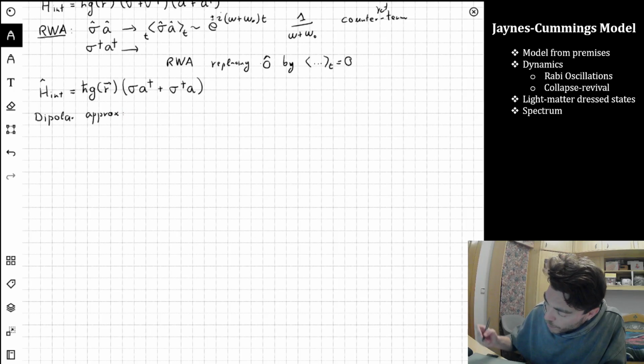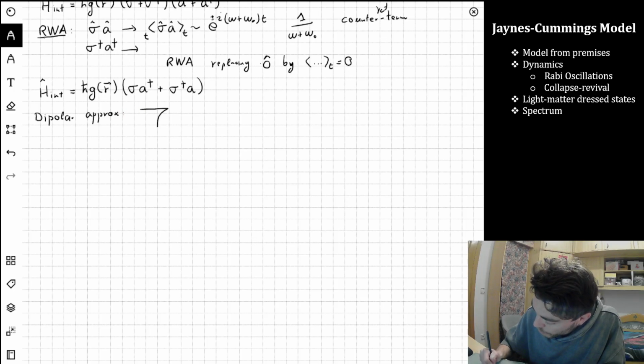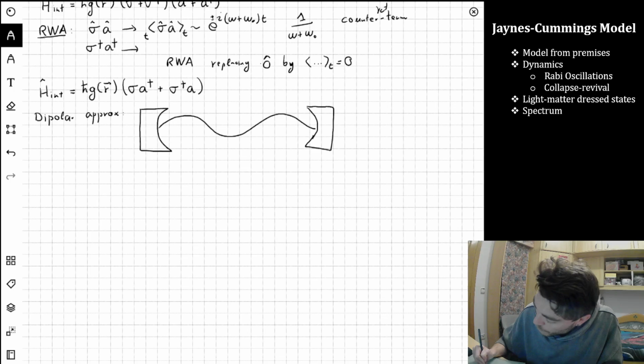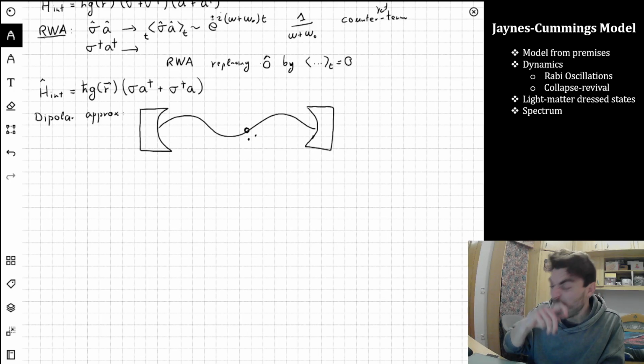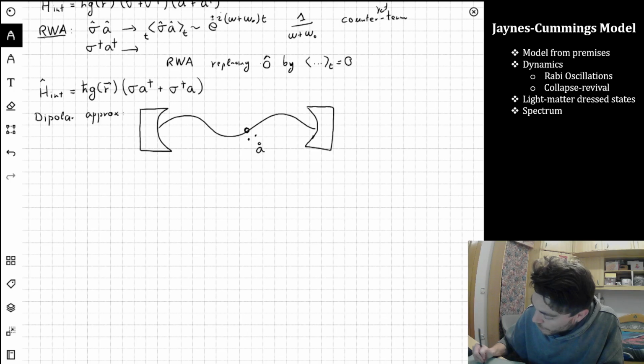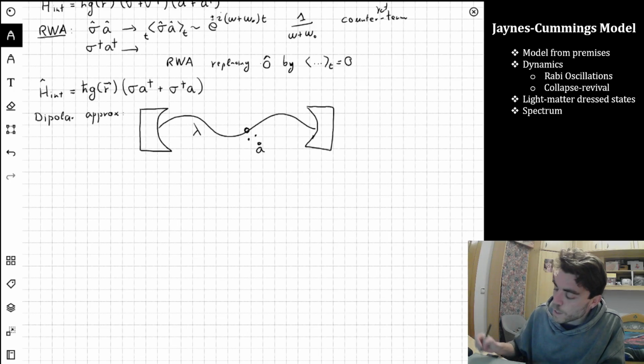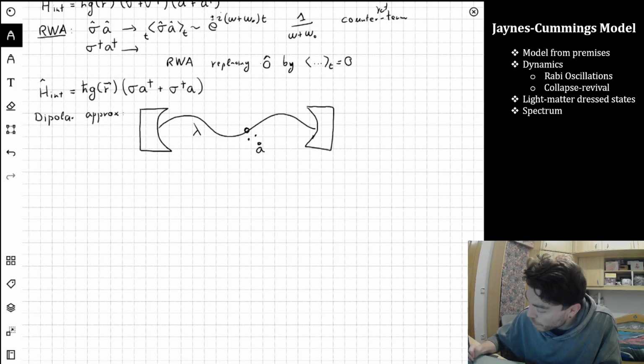The dipolar approximation is based on the fact that the atomic size, if we have a cavity with a wave inside, or something equivalent, and we have the atom here, the atomic distance a0 compared to the wavelength of this wave is very small, so λ is much bigger than a0.